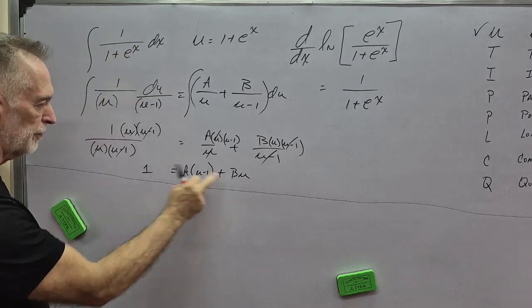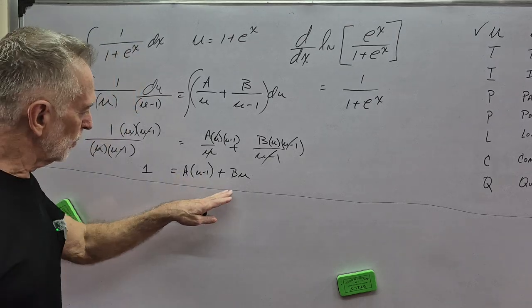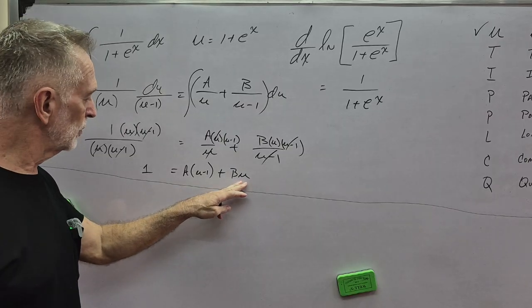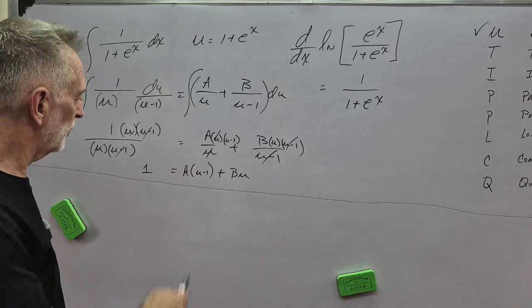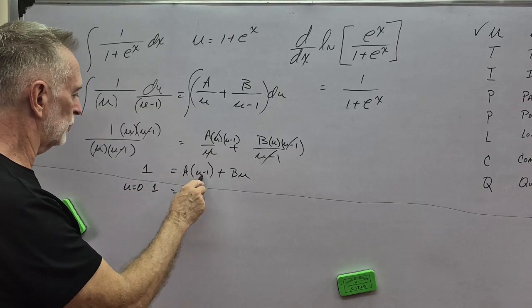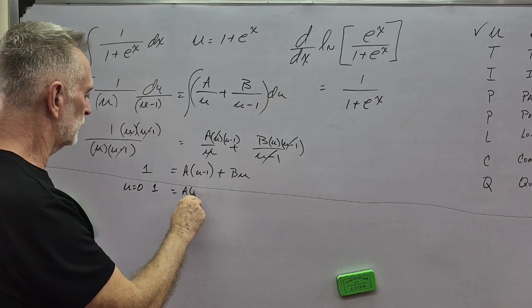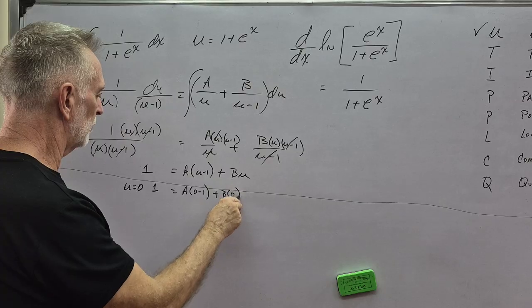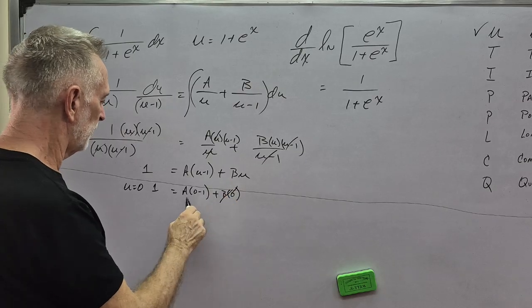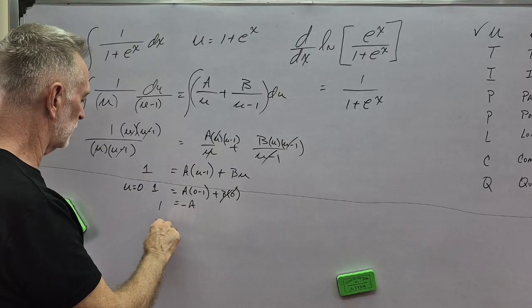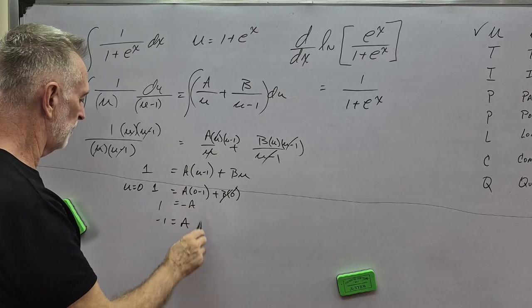Okay, I need to solve for a and b. So when I look at this, if I let u equal 0, now I have 1 equals a times 0 minus 1 plus b times 0. So this term is gone. So negative a equals 1, so negative 1 equals a.